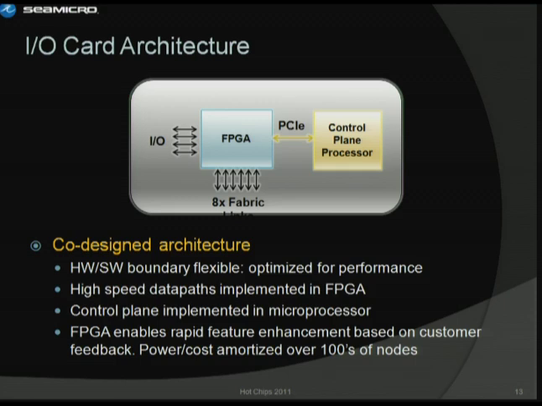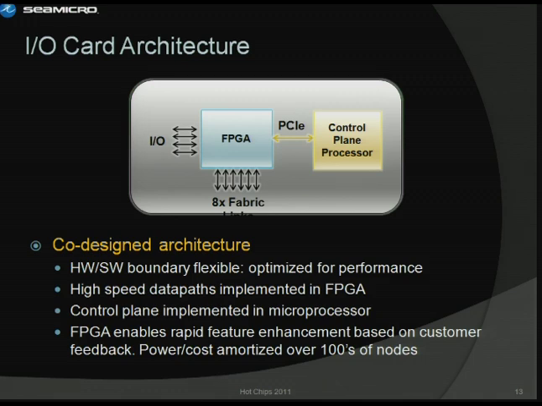The I/O architecture that we use for both the storage as well as the Ethernet card is very similar. We use a hardware-software co-designed approach. We keep the boundary very flexible so that we can constantly optimize it for performance. As you might expect, all high-speed data paths are implemented in an FPGA.